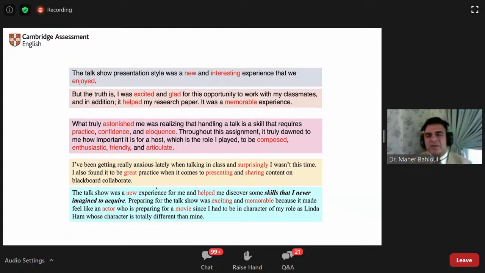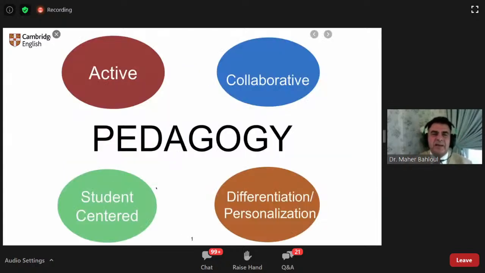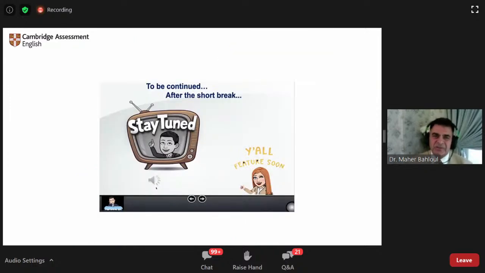And so to summarize a little bit, this particular pedagogy really improves what we call active learning, collaborative learning, student-centered learning, and also differentiation and personalization, because each one chooses their own style, and each one is pretty much addressed when they send their own questions, when they express their concerns. It is there.